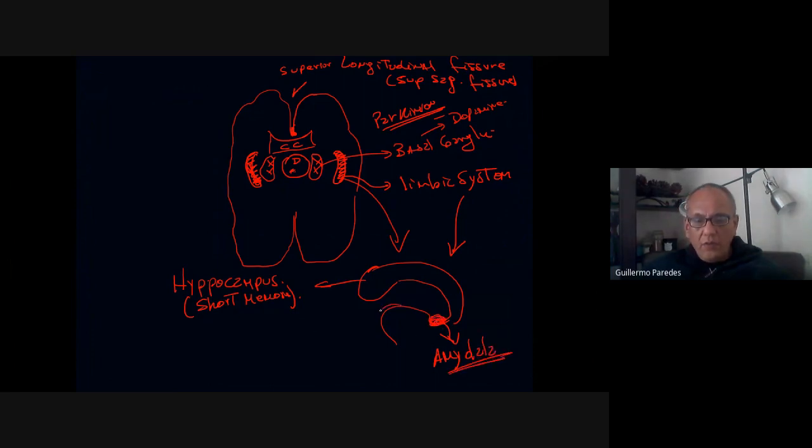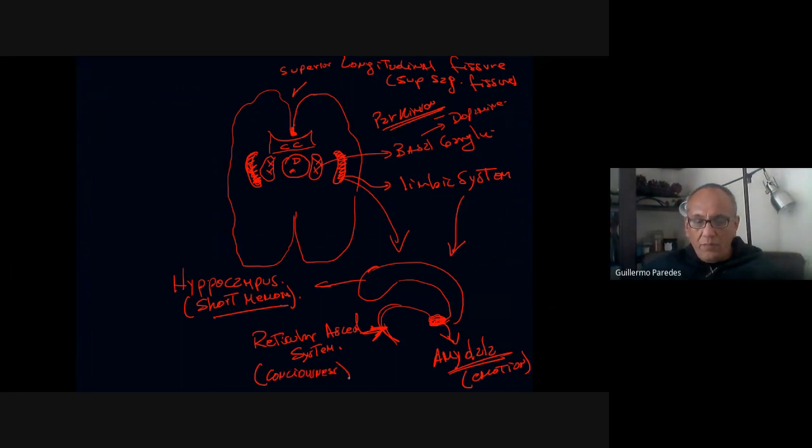And that is going to be the RAS, the reticular ascending system. The hippocampus is short memory. The amygdala is emotions. The reticular ascending system is consciousness.